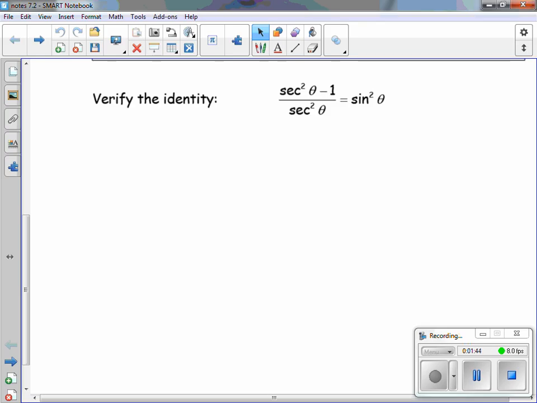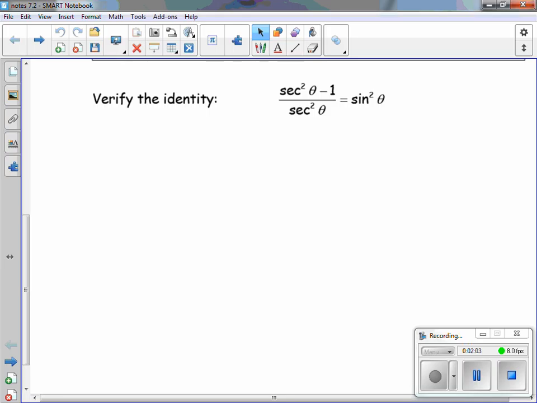Well, we have a combination of secant squared and 1, so which identity could we utilize here? Right, we could utilize the 1 plus tangent squared theta equals secant squared theta, but we just have to rearrange that Pythagorean, okay?